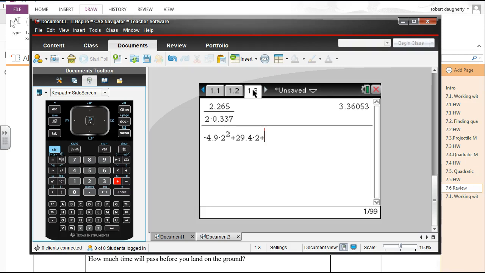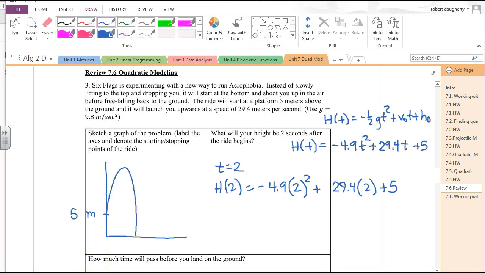So 44.2. When you substitute t equal 2, you get 44.2 meters high after 2 seconds.